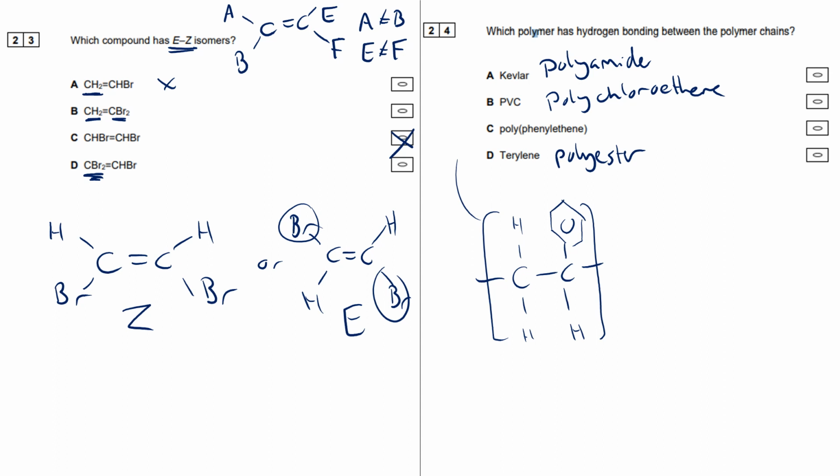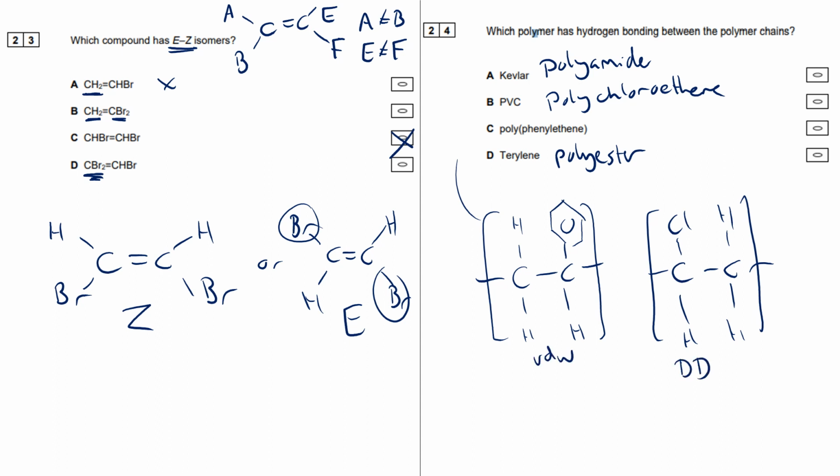So which one's going to have hydrogen bonds? Well, our addition polymers, polychloroethene and polyphenylethene, do not have OH or NH bonds or FH bonds. So therefore they would only have van der Waals forces or dipole-dipole forces between chains.